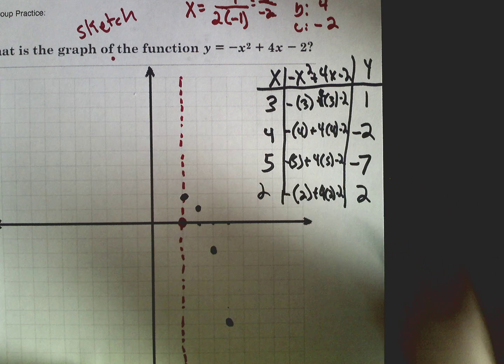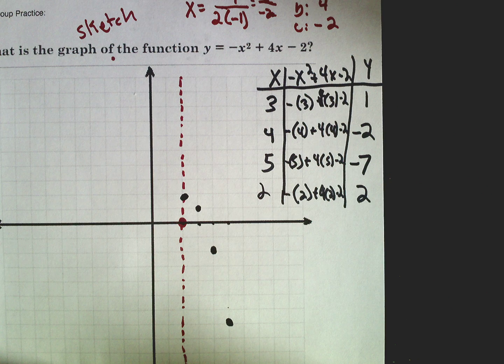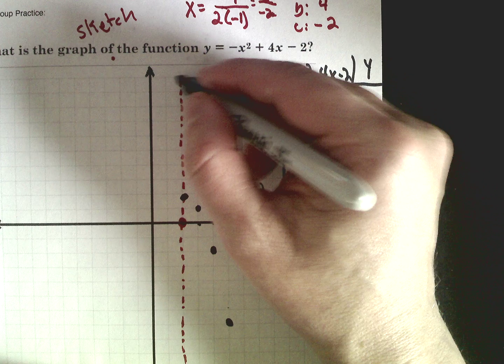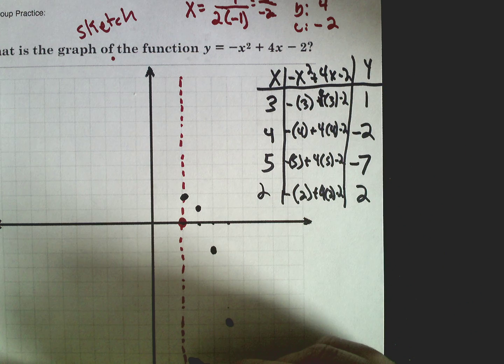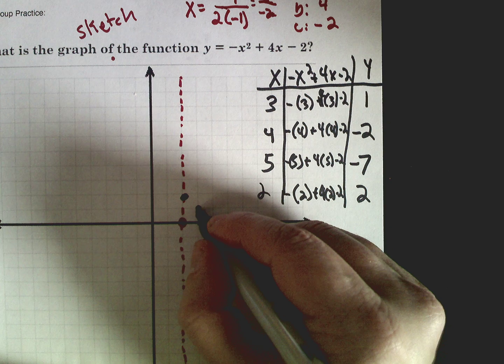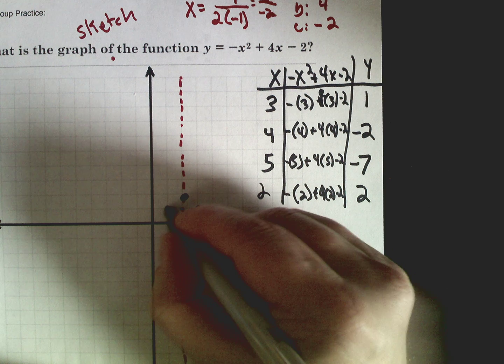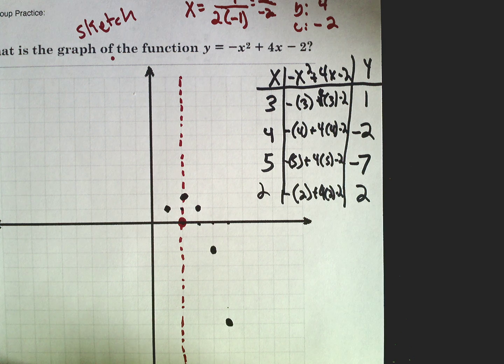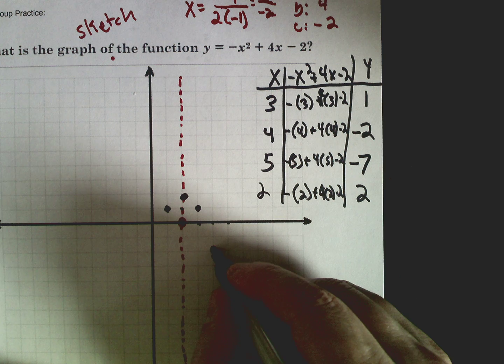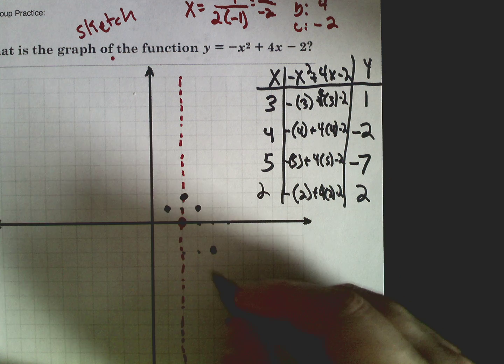Now the problem is I only did half of this quadratic. Now I've got to do the other half. So again, I look at our axis of symmetry, and I say, well, this one is only 1 from the axis of symmetry. So I go over 1 in this direction. I see that this one is 2 from the axis of symmetry.